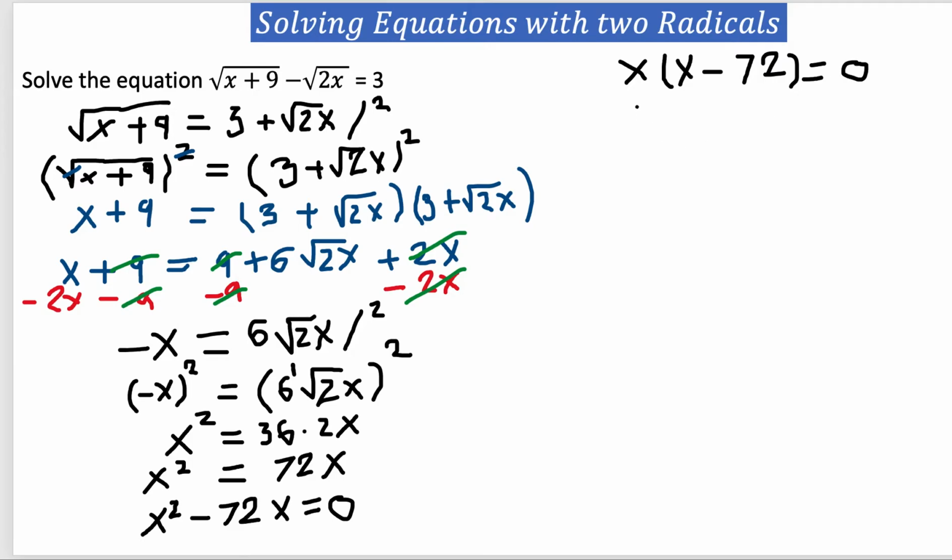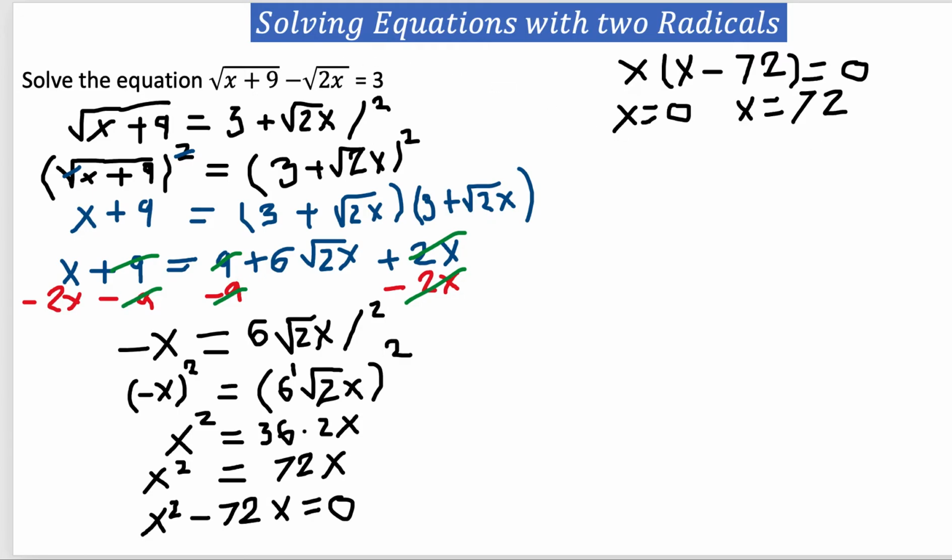And looking from this perspective, we know this x here is equal to 0. And the other, x minus 72, we already see the solution is x equal to 72. So the mathematical process gives us these two solutions, but we have to check in the original equation.